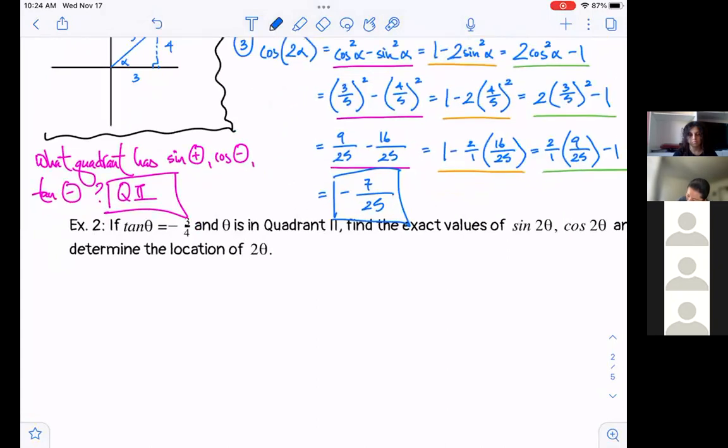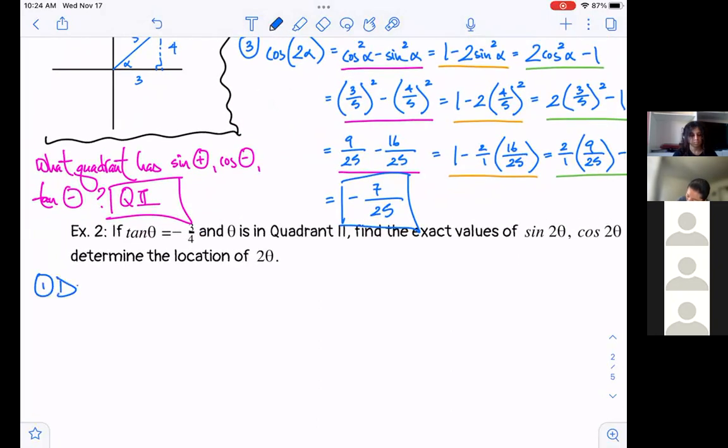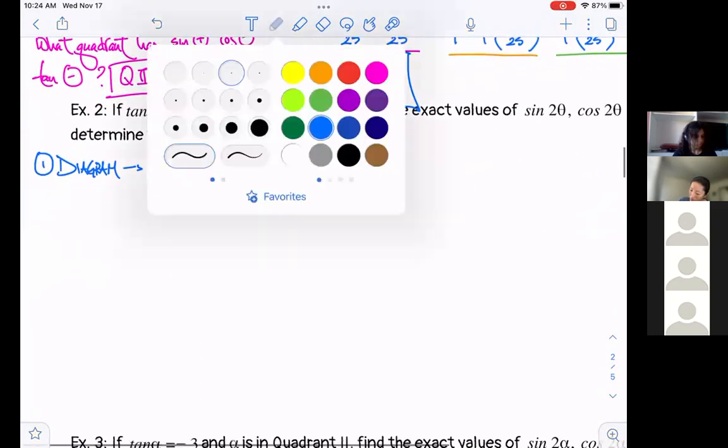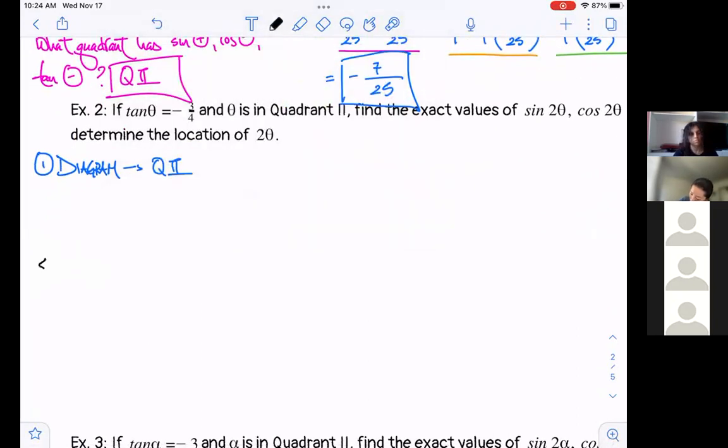So let's begin with our diagram. And we know in this case, we want to draw in quadrant 2. All right, so let's get that XY grid in there.